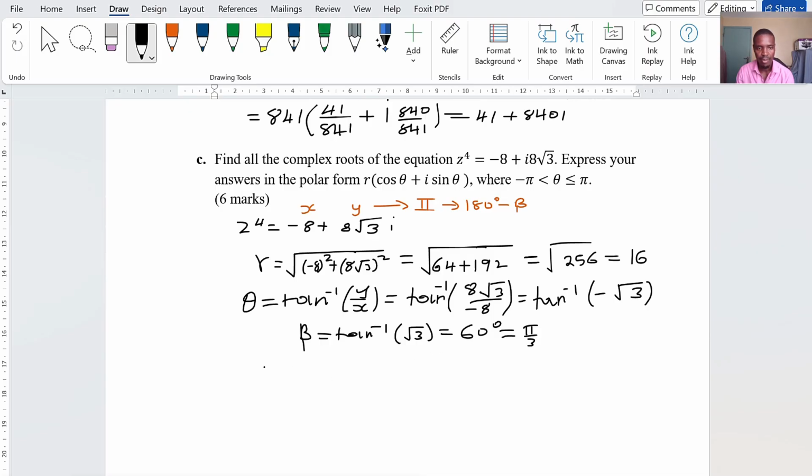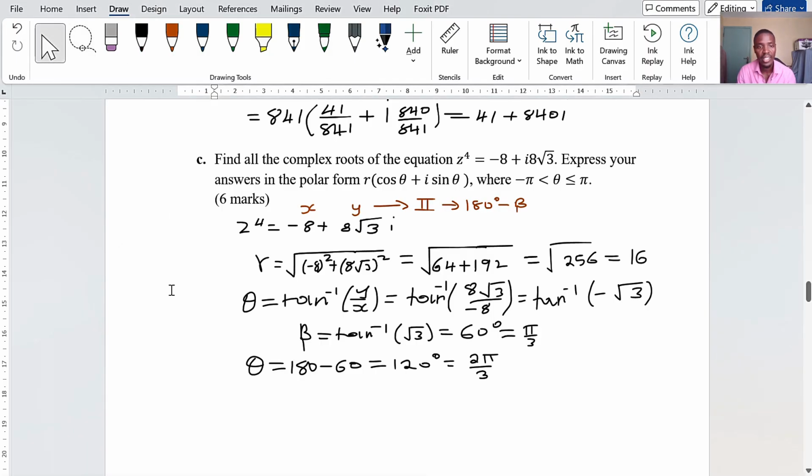Now we have beta. So our theta is in the second quadrant, so it is 180 minus 60, which is 120 degrees. If you like, 2 pi over 3. Good job. Now we have done that and we are happy. So we have everything.